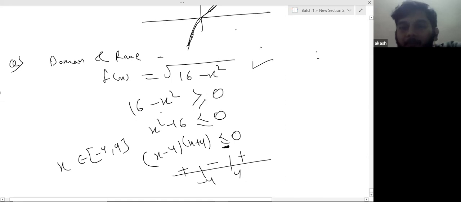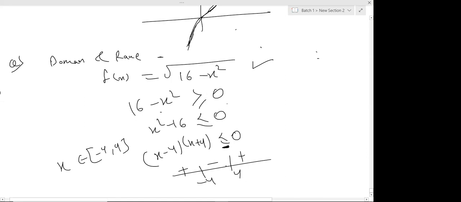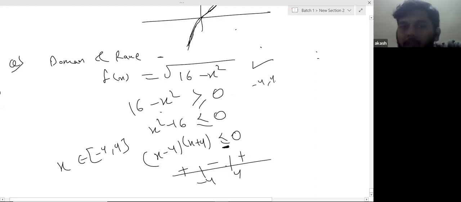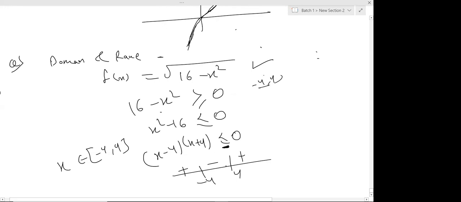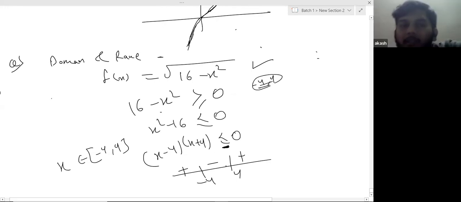Now to find range. Sir, is it closed interval -4 to open interval 4? See, under root functions never give us a negative value. If I ask you simply what is under root 4?